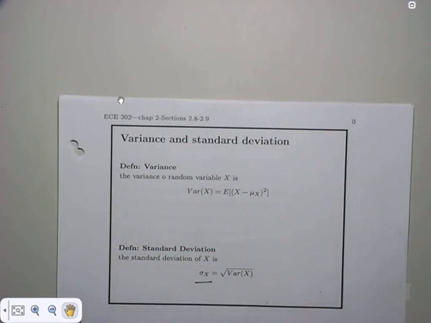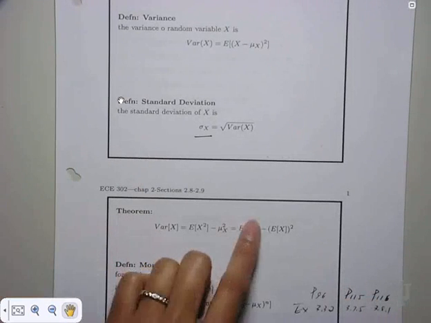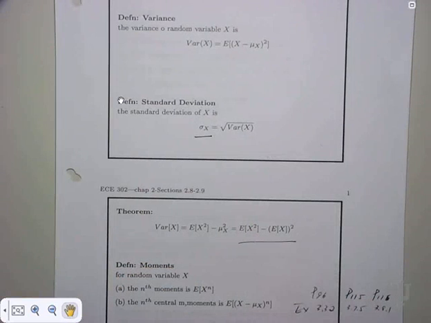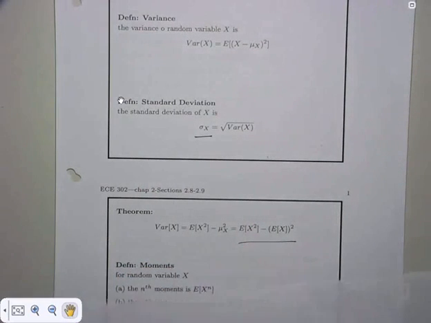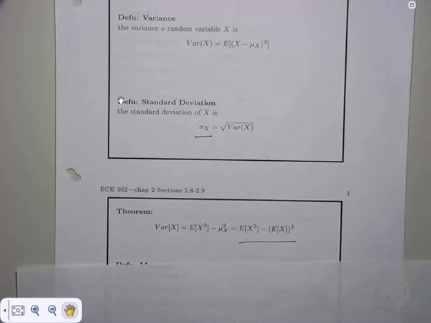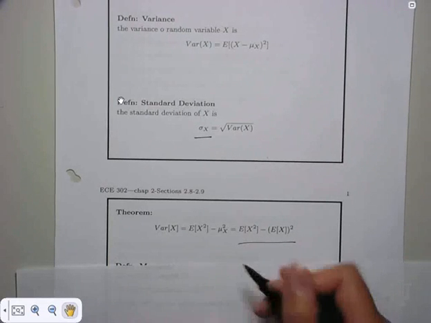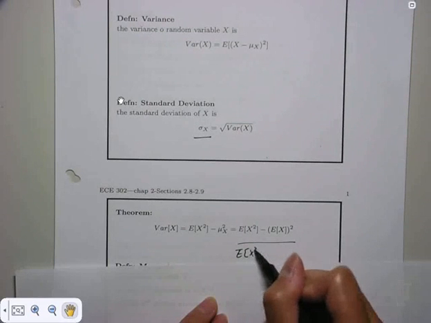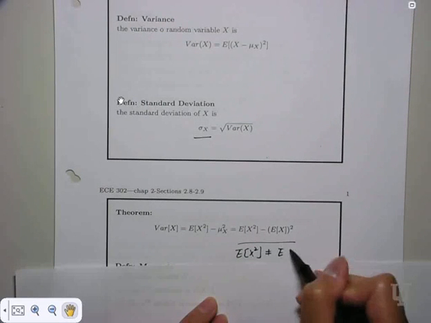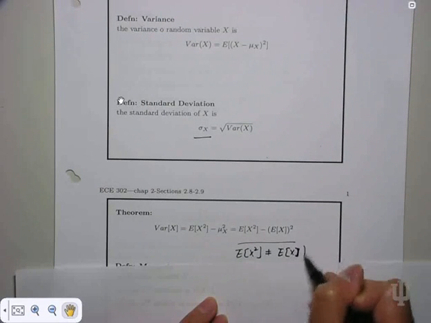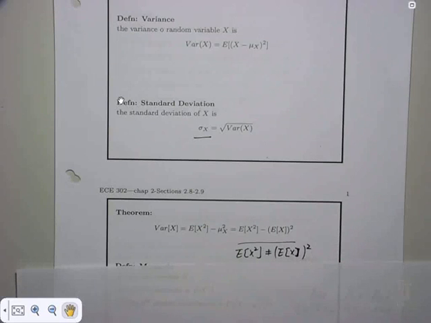The way we typically calculate it is E of X squared minus the square of E of X. Since that can't be 0, what does that tell you? E of X squared never equals the square of E of X, never, if there's any randomness.